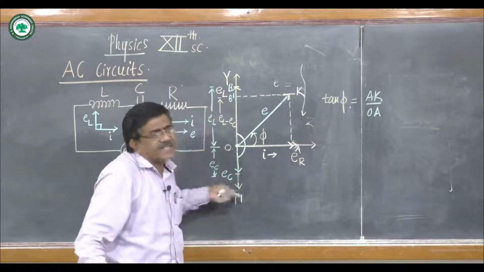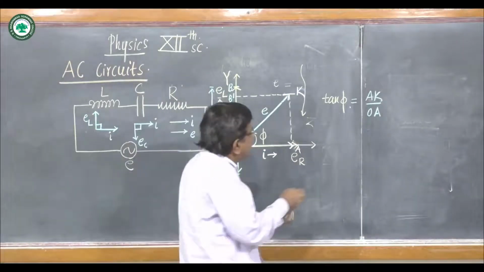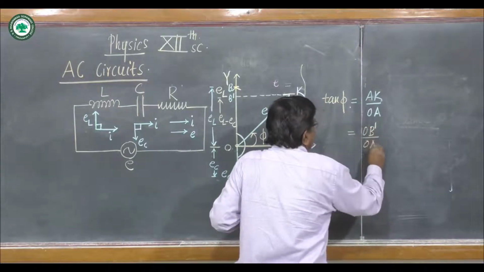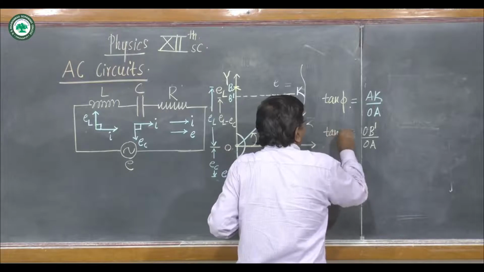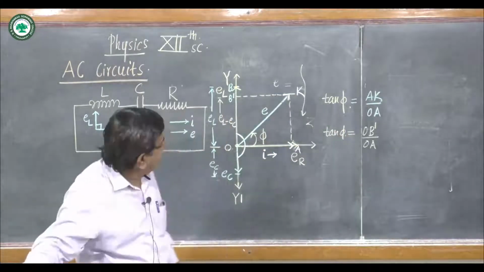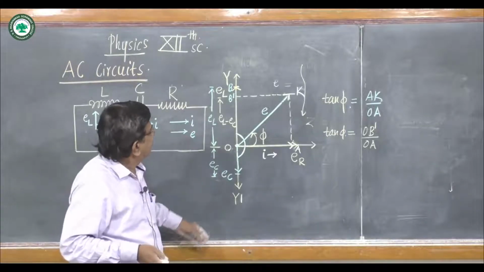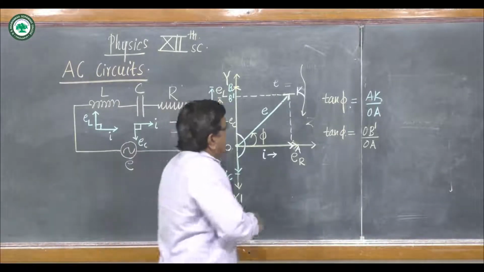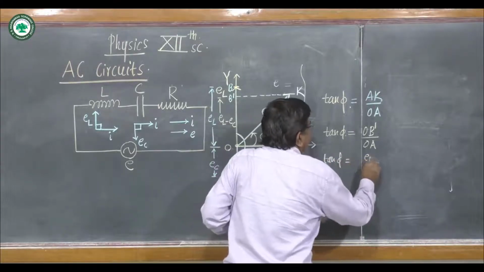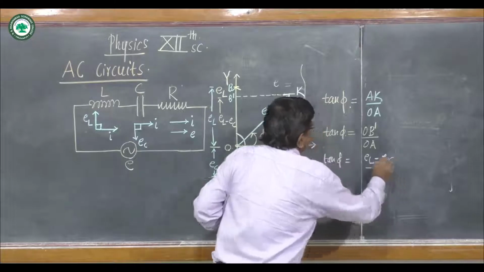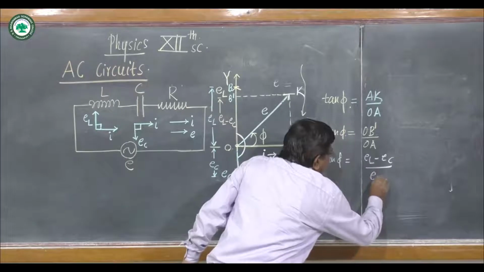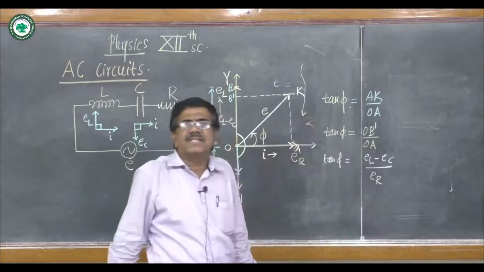But this AK is OB dash, so tan phi is OB dash upon OA. But OB dash is EL minus EC, so tan phi is (EL minus EC) upon OA. OA is ER, that is, the voltage across the resistor.